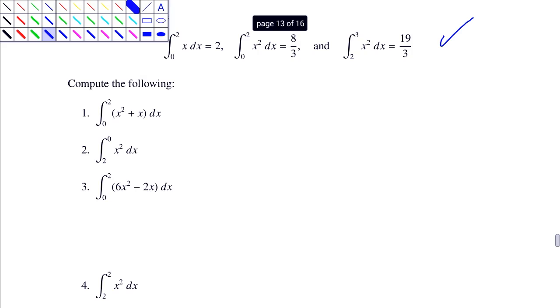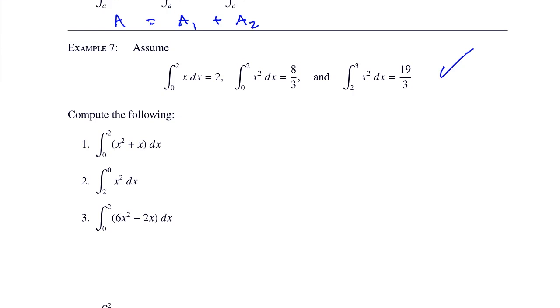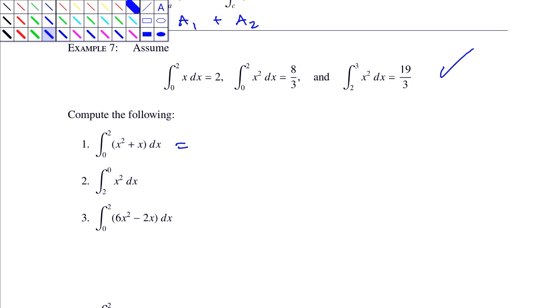All right, so the first one is, what is the integral from 0 to 2 of x squared plus x dx? We need to split that up. Which rule will split up x squared plus x? Rule 4.